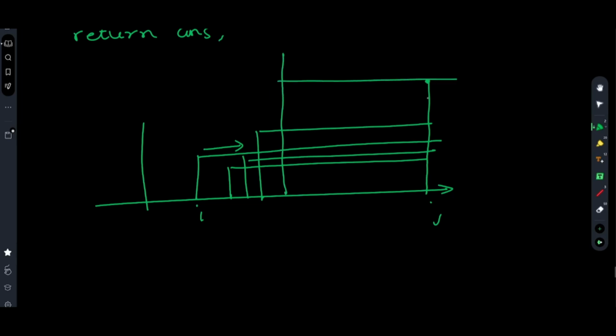You're taking the height of the rectangle. Now, this height is fixed. You will try to find a height greater than this height. Why? This is the maximum height that has been found till now. There might be another element that is greater than this, but this is the maximum height found until now. So take this area.